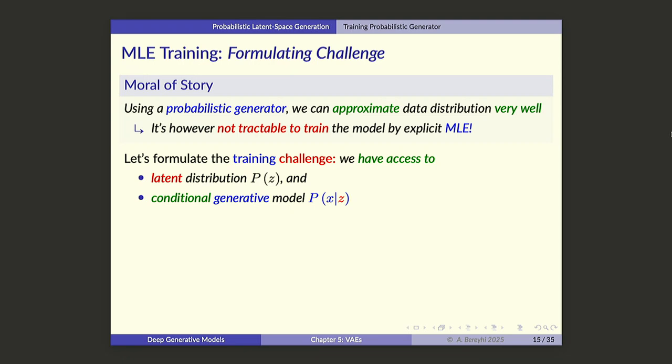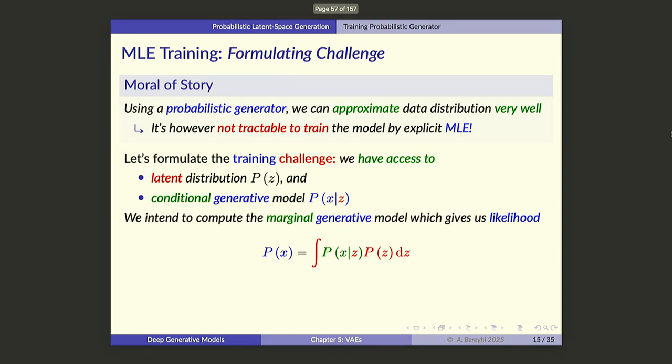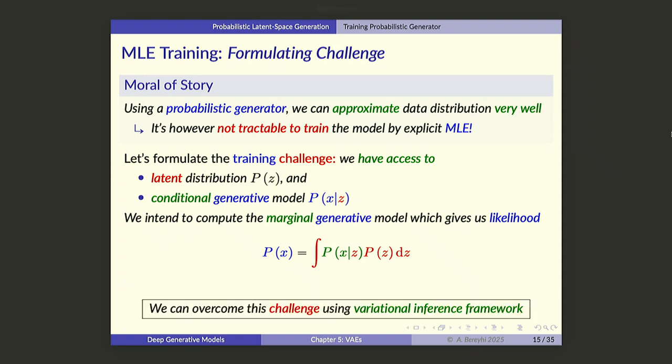What I want to compute is the distribution of X. It means that I want to compute this integral, and this integral is not tractable. It's not easy to compute. Now I want to see if there is any way that I can come up with an alternative approach to approximate or estimate this distribution P of X. This is what we do in variational inference.